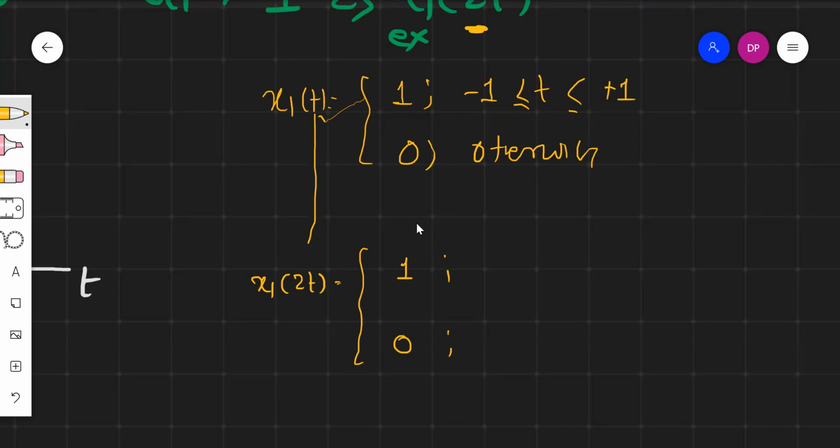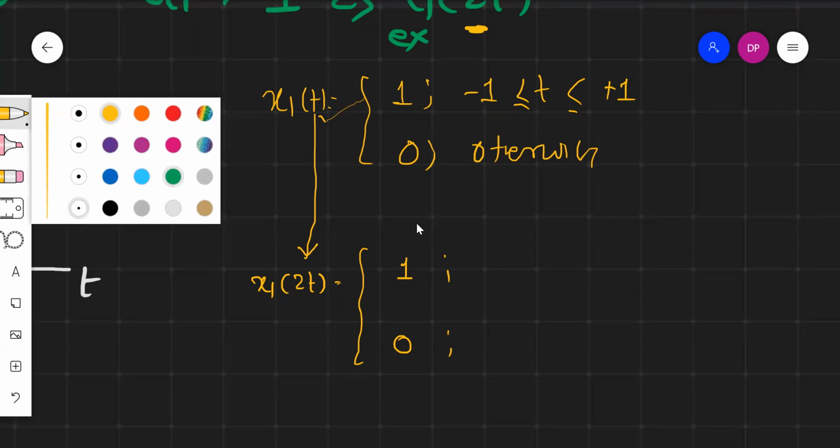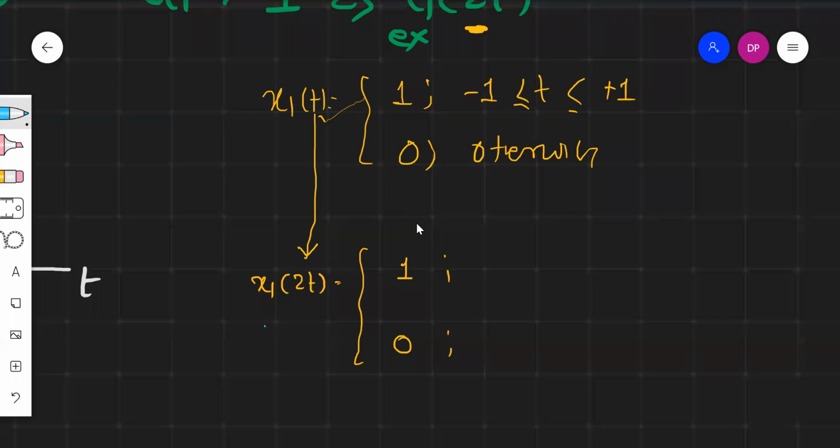So this t is replaced with 2t. Just see it in this way. Let 2t be equal to tau.